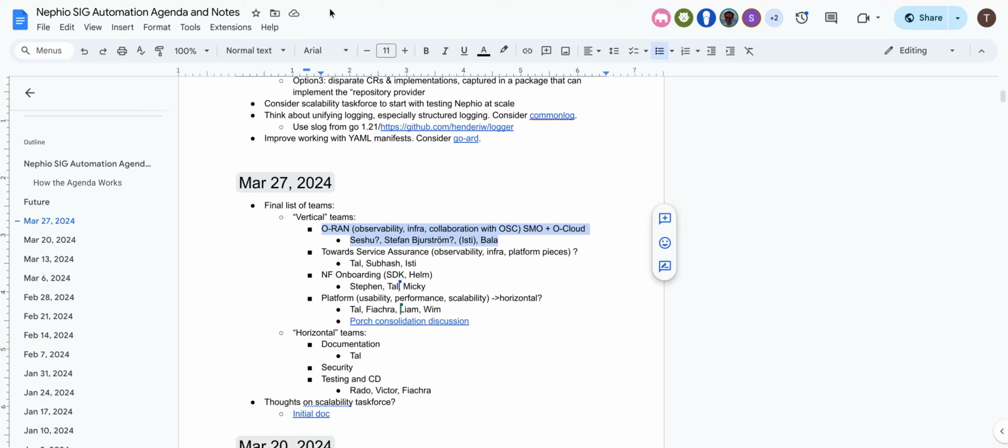Vish, go ahead. Oh yeah, I was going to ask where Porch is going to land. Since it is part of the platform, that is an area I would be interested in, and I would like to be added to the platform team where Porch is being discussed. And for folks, they can also look up the storyboard, if the tasks for R3 are already defined for people to sign up.